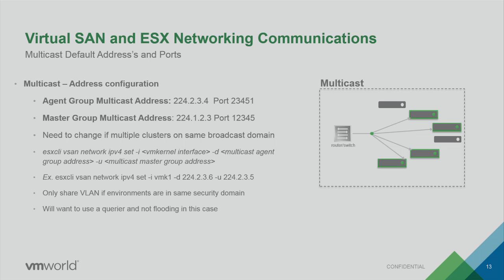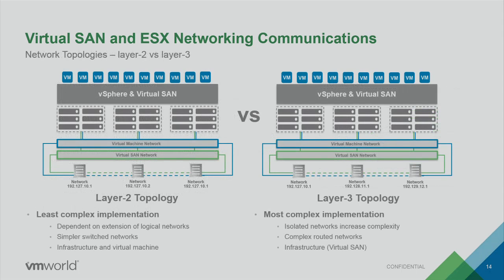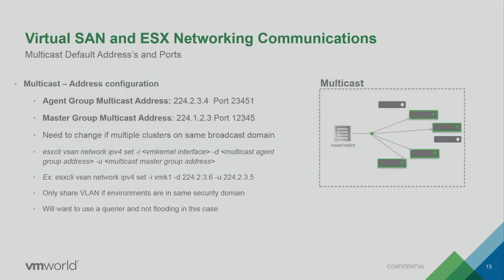Just make sure you change both of these addresses for each group of clusters. Otherwise, the multiple clusters will start talking to each other. You'll get a fun little alarm that says rogue host detected. And eventually, if you get enough of these clusters talking together, they'll turn into Transformers and try to take over the world. So vSAN's very smart. We need to make sure those clusters stay separated.